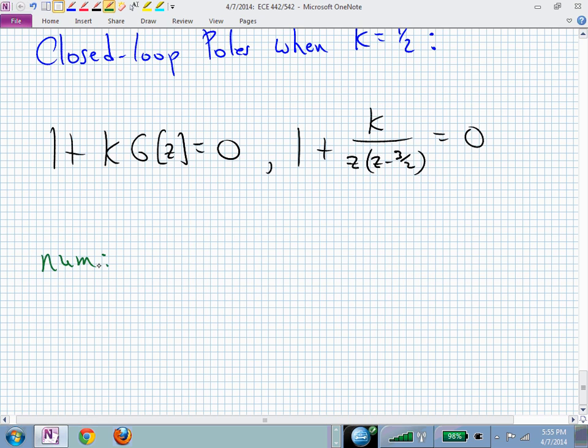The numerator then gives us z times z minus 3 halves plus k equals 0. And we're looking at a specific value of k equal to 1/2. We wanted to find what are the poles when k is equal to 1/2.